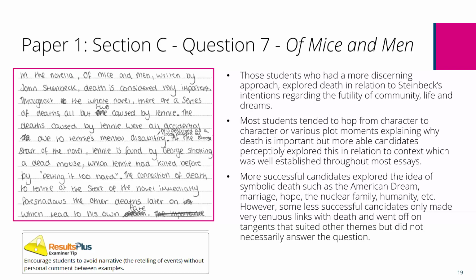This seemed to be a very accessible question. Candidates analysed the theme of death from the mouse to Lennie. Some very strong candidates wrote about spiritual, metaphorical death, as well as literal. Of course, lots talked about foreshadowing and the dog and all of those kind of things.